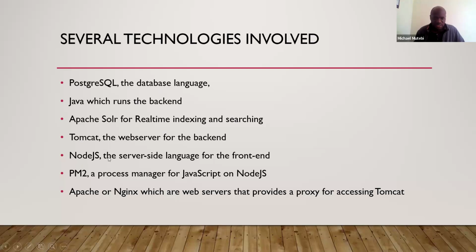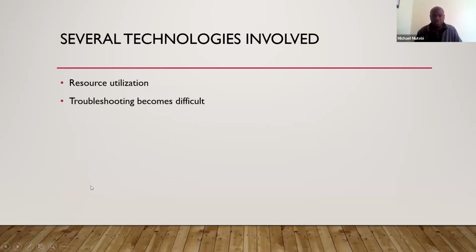Then we've got Node.js, which is a server-side for the front end. PM2, a process manager for JavaScript. And then we've got Apache or Nginx, which we use for proxying to Tomcat. So these are 1, 2, 3, 4, 5, 6, 7 technologies to run DSpace.